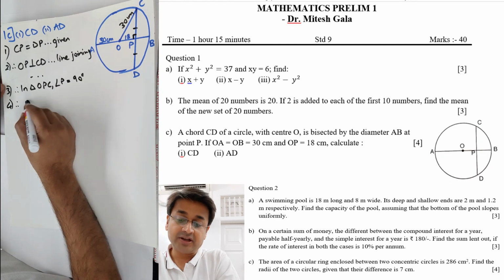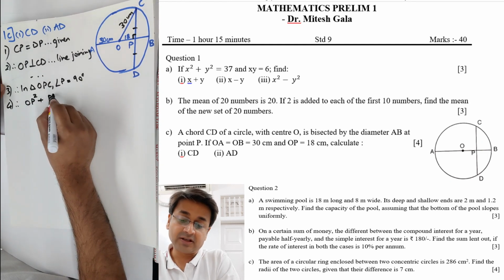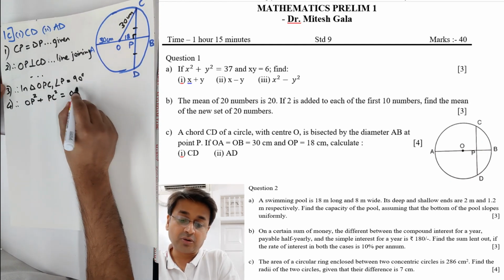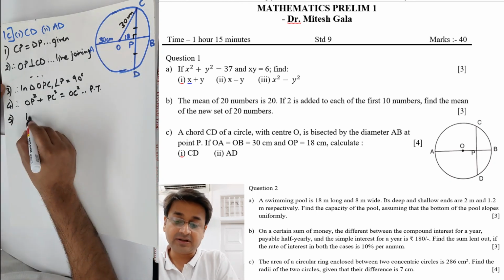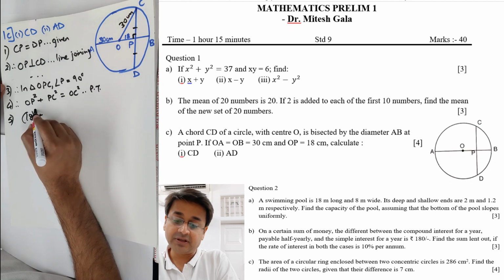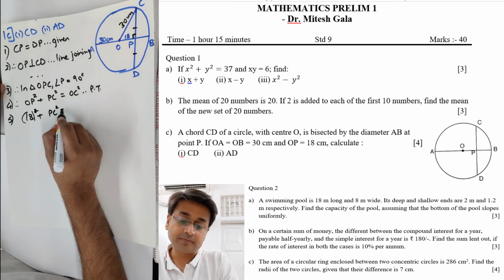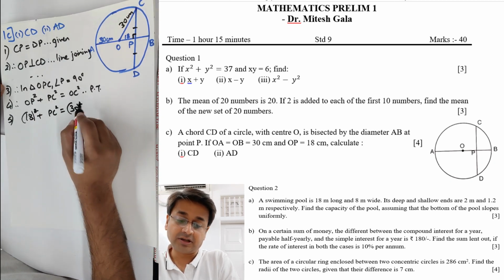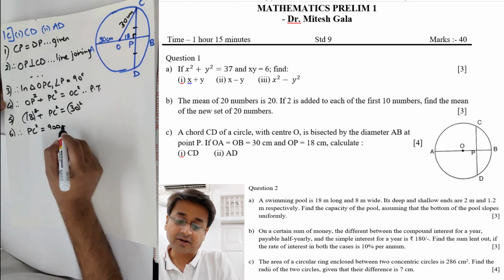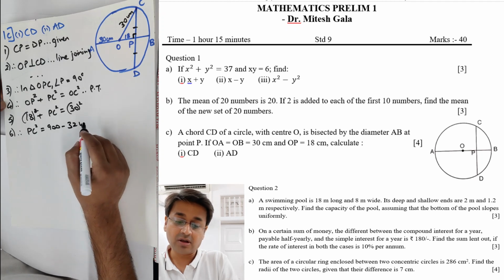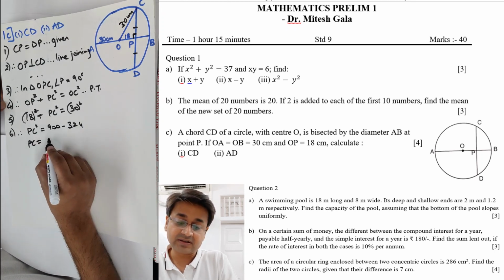So I shall say OP square plus PC square is equal to OC square, as per Pythagoras theorem. So OP is 18, PC is unknown and OC is 30. So basically PC will be the root of 900 minus 324, which is 576.